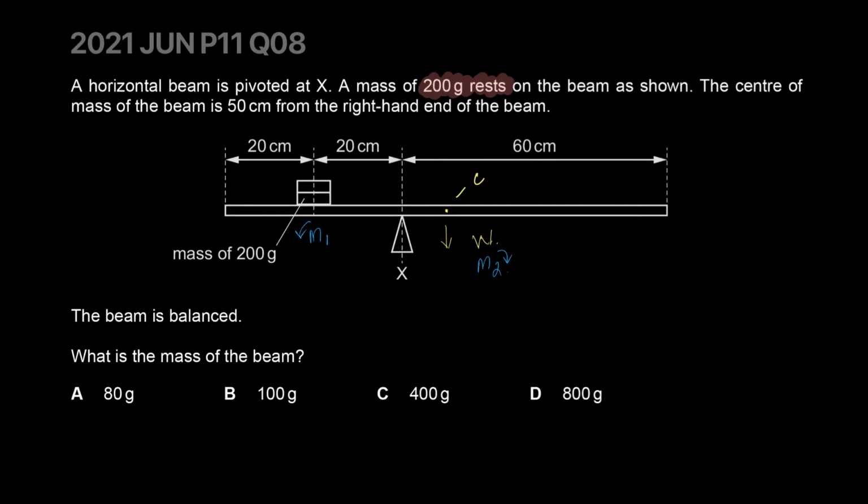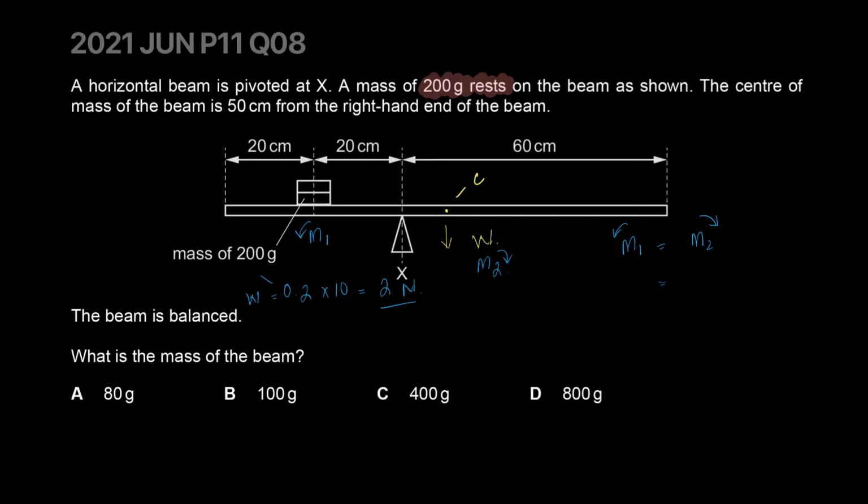And we realize that the counterclockwise moment should equal the clockwise moment. The mass is 200 grams, so the weight over here is going to be times 10, which is 2 newtons.